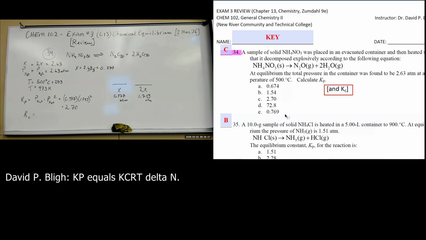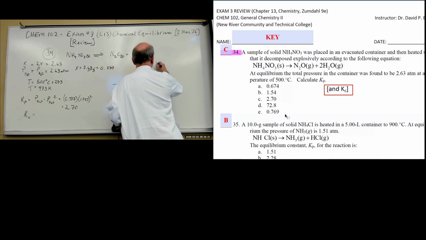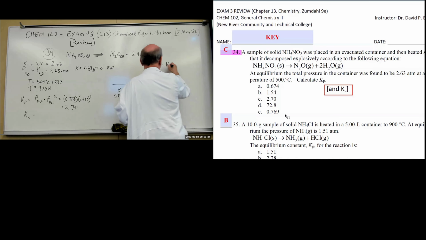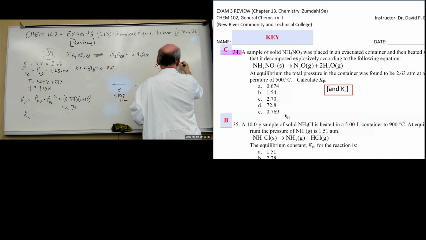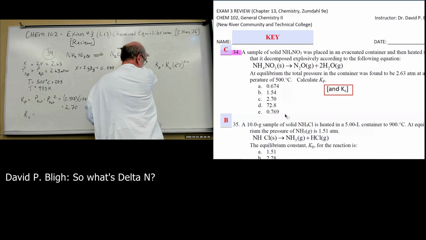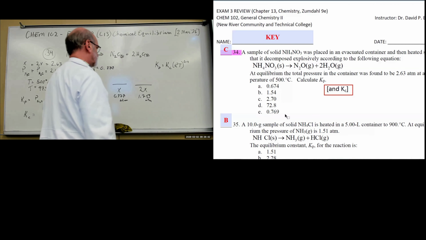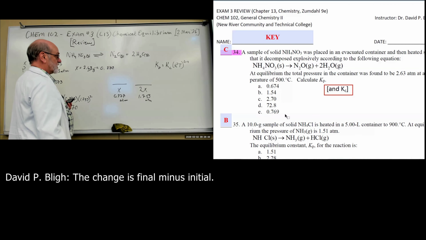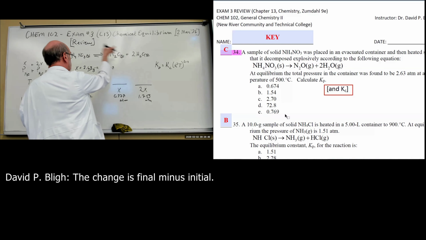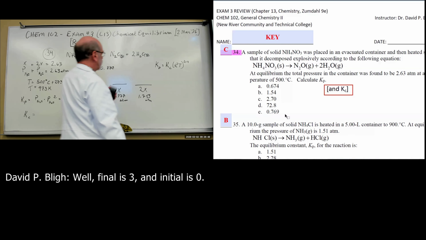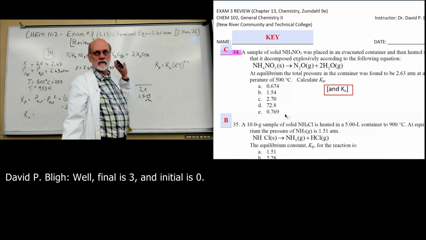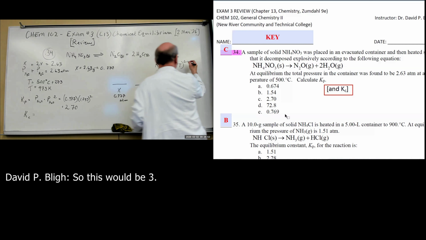KP equals KC RT delta N. Okay. So what's delta N? The change is final minus initial. Well, final is 3 and initial is 0. So this would be 3.